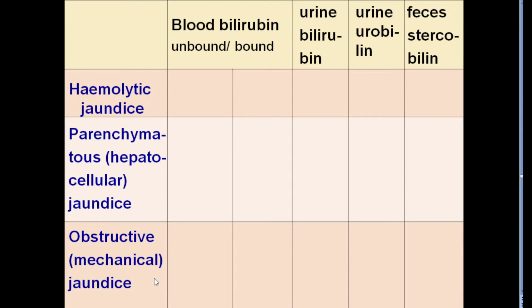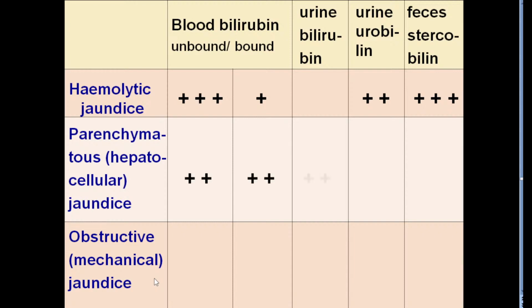If our patient has hemolytic jaundice, in the blood unbound bilirubin prevails, urine is rich with urobilin and feces rich with stercobilin. No bilirubin in urine, as a result urine will be dark color but not foamy, because foaming is a predilection of bound bilirubin.